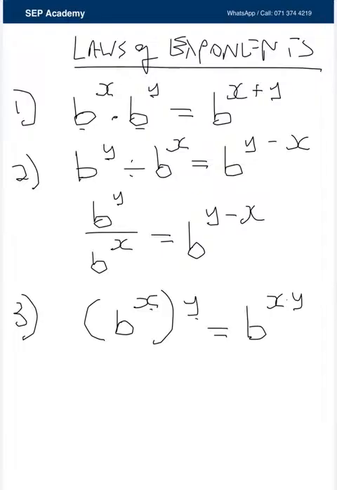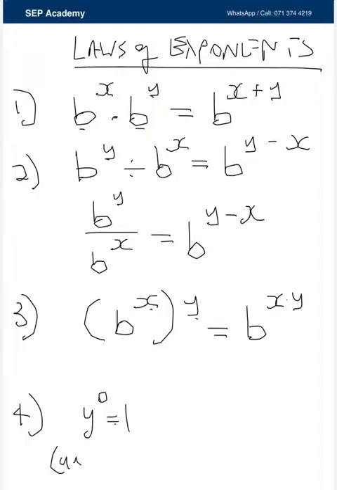Maybe something very important that you might be interested to know is that anything raised to the power of 0 is 1. So you might have, let's say, y to the power of 0, which equals 1. That is why I ended up saying anything.